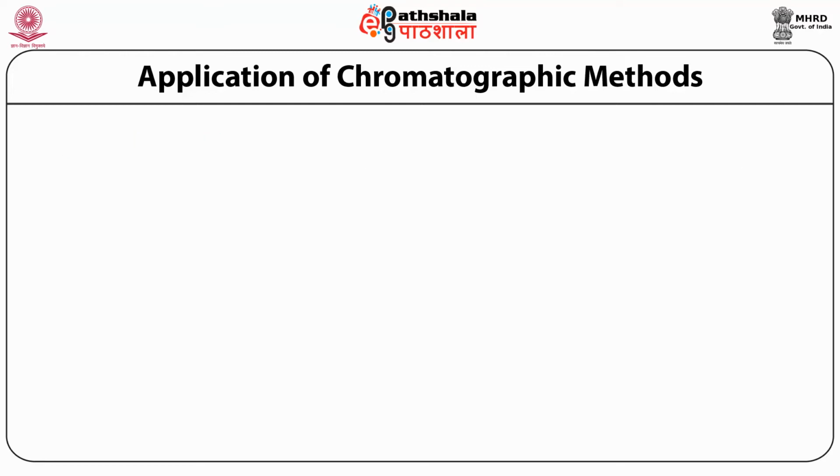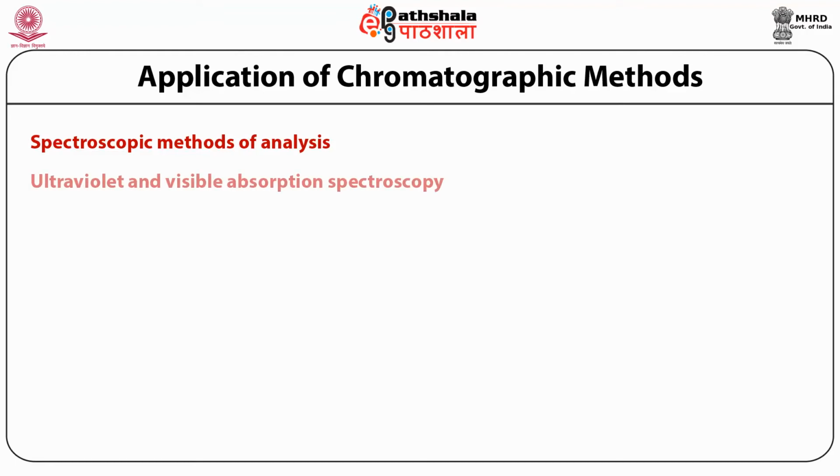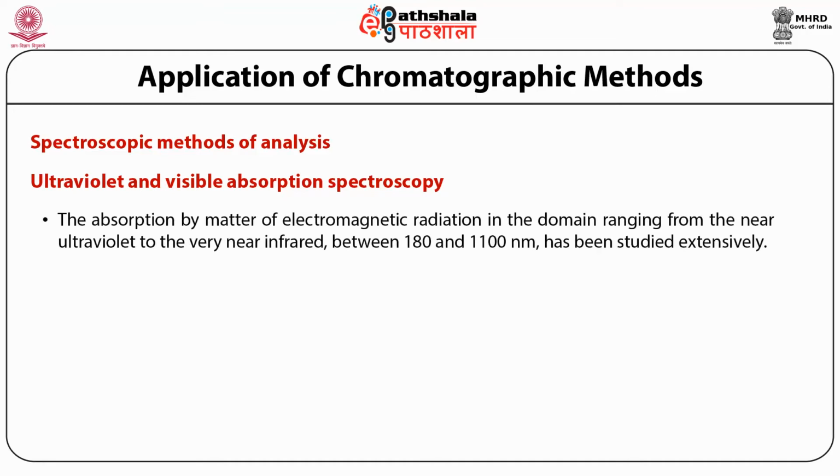Now we discuss the various spectroscopic methods for environmental analysis. The number one spectroscopic method is ultraviolet visible absorption spectroscopy. The absorption by matter of electromagnetic radiation in the domain ranging from the near ultraviolet to the very near infrared, between 180 and 1100 nanometers, has been studied extensively.